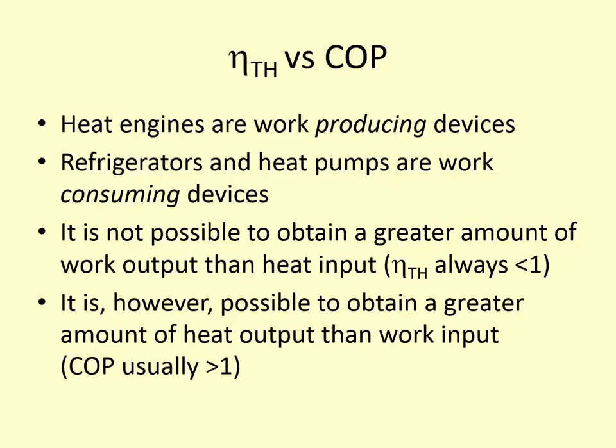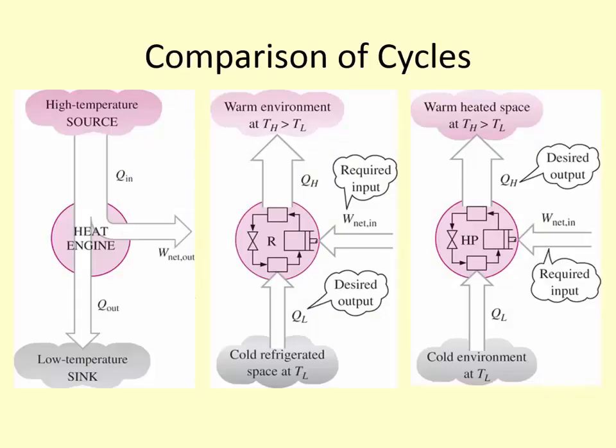If it's less than 1, it means you've done something terribly wrong in designing your system, because you would be better off just plugging in a resistance heater. So if your heat pump has a coefficient of performance less than 1, then I don't know what's happening.